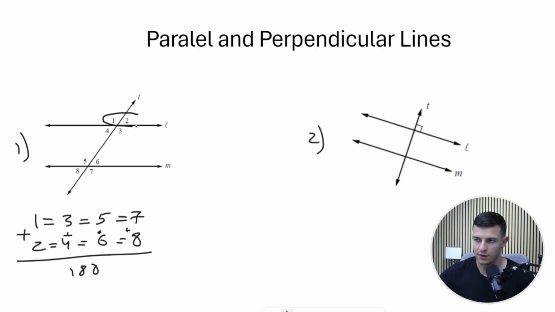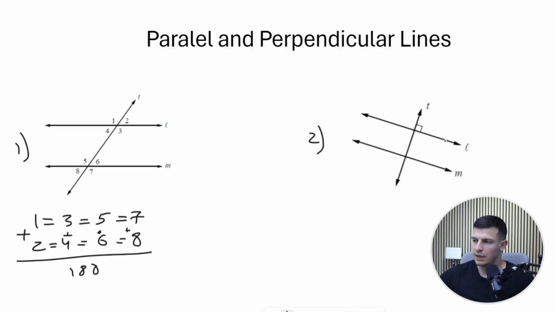What do I mean? If you take 1 and 2, they should add up to 180. If you take 4 and 3, they should add up to 180. You can say the same thing for 5 and 8, 6 and 7. So any combination of this, they add up to 180 degrees.